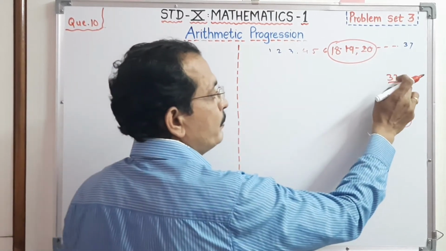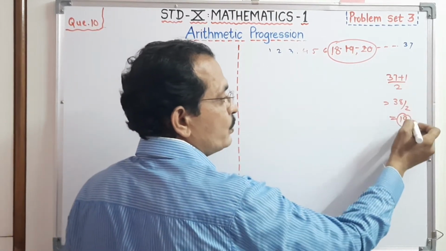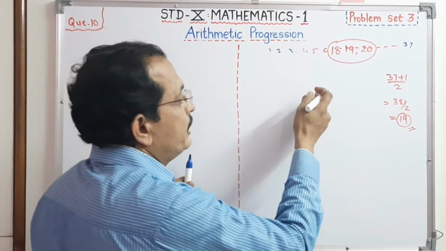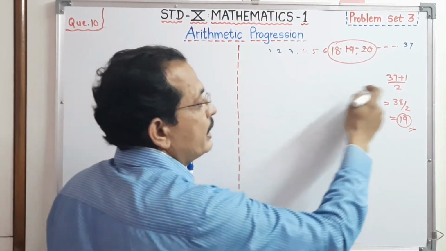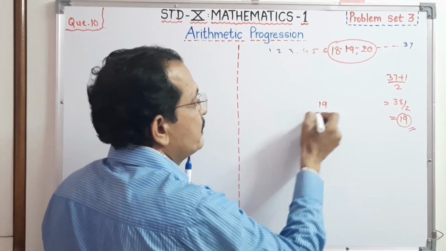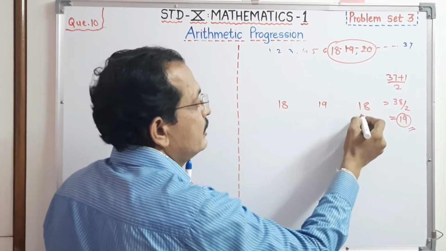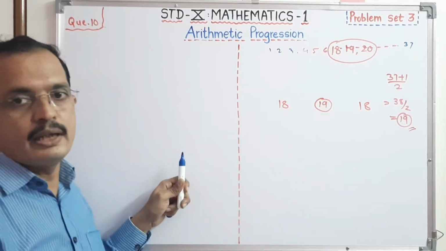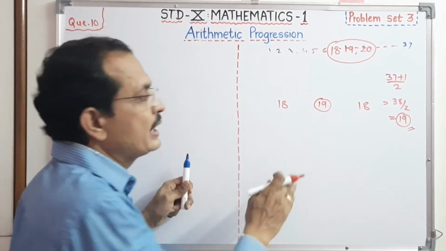Therefore we add 1 and divide by 2, we get 19. Got it? That means here 18 terms are there, here 18 terms are there, and exactly in the middle, 18 plus 18 is 36, and this is the 37th. Got it? That means the exactly middle term is 19.